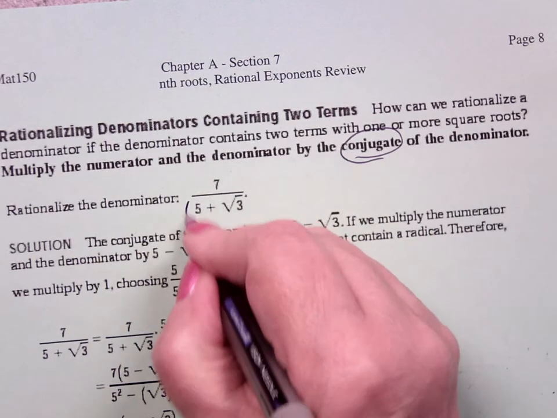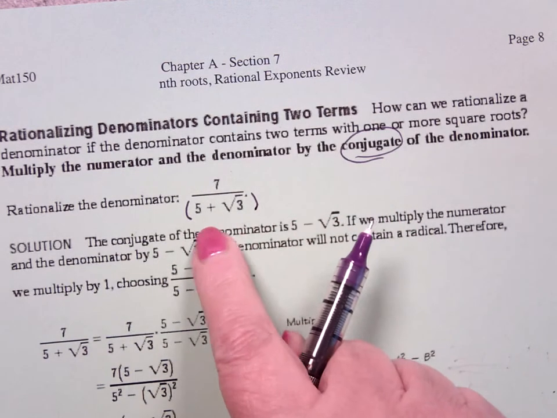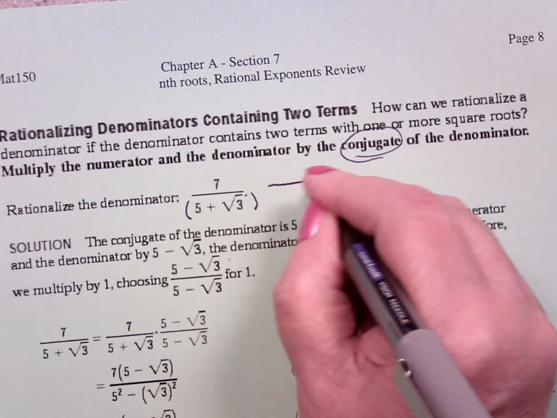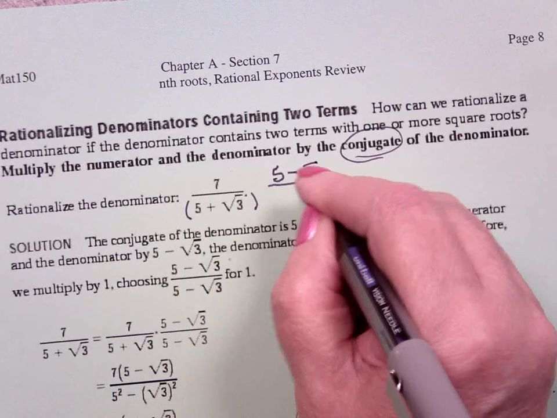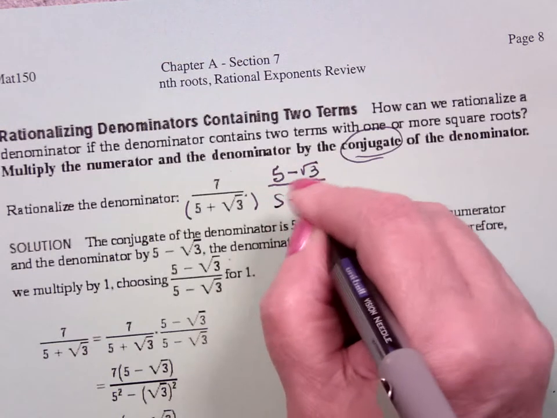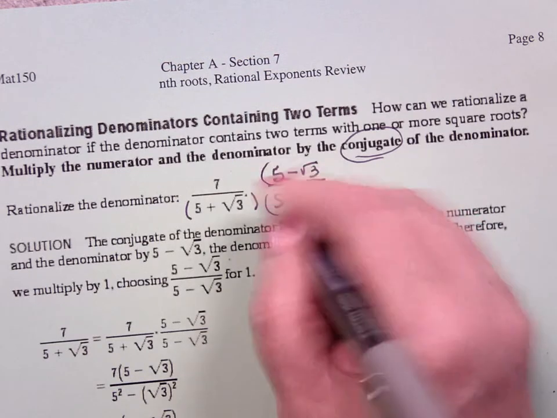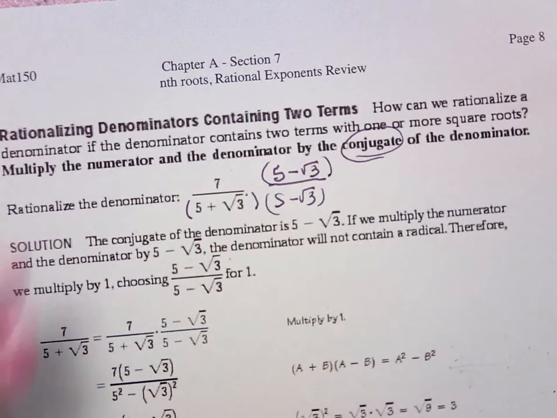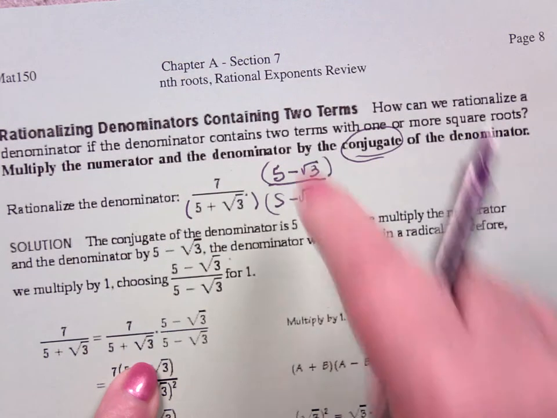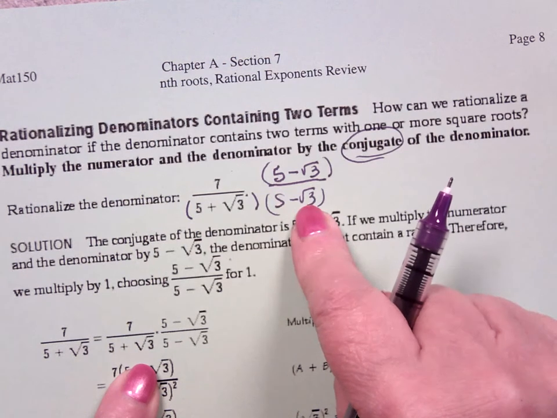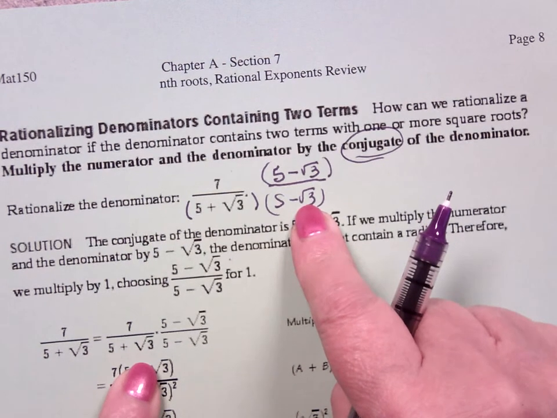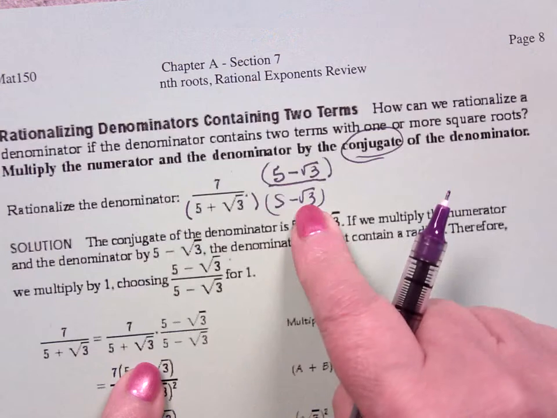So the conjugate of 5 plus the square root of 3 is really 5 minus the square root of 3. So that's where you see multiplying by the conjugate. I'm actually multiplying by 1, which doesn't change the value of the fraction, but just changes its appearance.